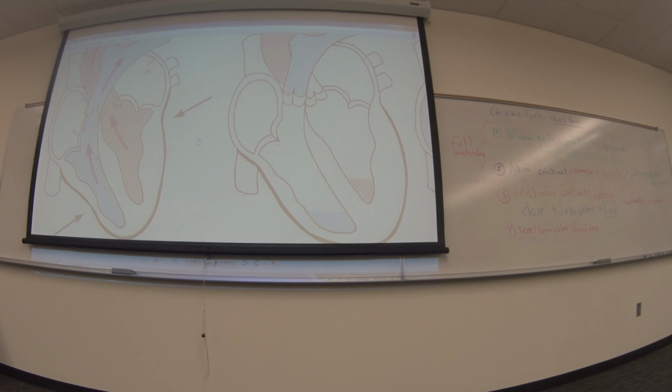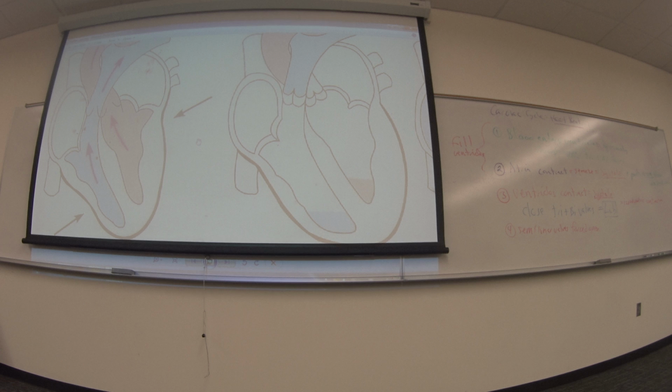They open to let the blood out, in step 4, and they have to shut to keep the blood out. What sound does that make to your doctor? That's a dub. So one heartbeat is step 3 and step 7. You're hearing the valves close.